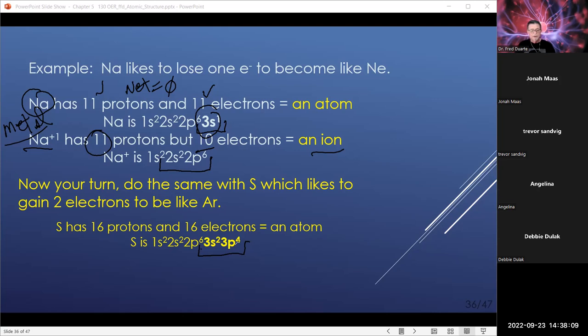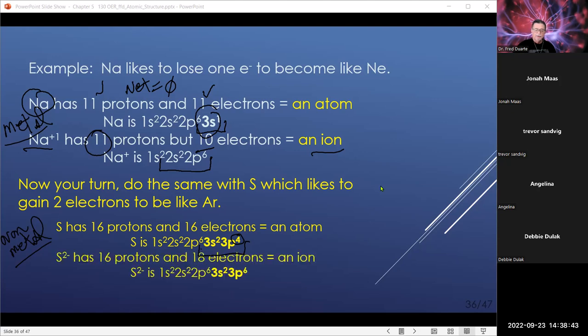Now, sulfur is a non-metal, and non-metals want to gain electrons. Specifically, sulfur is going to gain 2 electrons because there is room in the p orbitals for 2 more electrons. Okay, it's got 6, and you ask yourself, well, it's going to take a lot of energy to get rid of 6, and not so much energy to add 2 to it. So it's a non-metal, it's going to add 2.